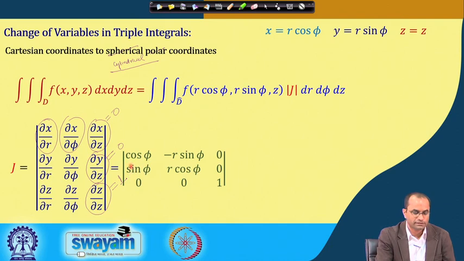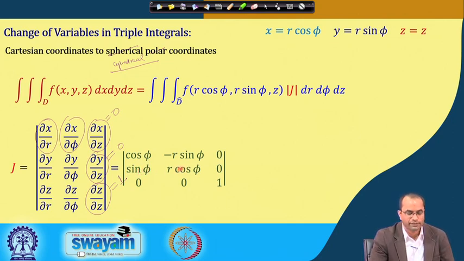So, simply this is coming like cos phi, minus r sin phi, 0, 0 and here 1, and then of y with respect to r that will be sin phi, and here sin phi will become cos phi with this derivative 0, and this z has only z. So, there is no r and phi. So, naturally these members will be 0 here, and once we compute this determinant, so this will be coming simply r.